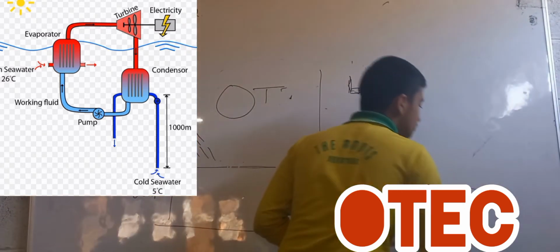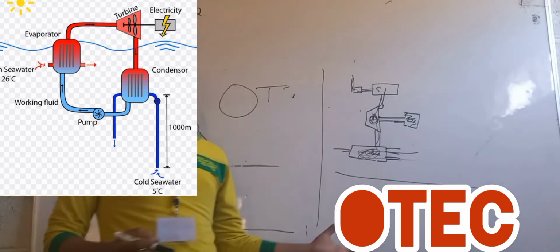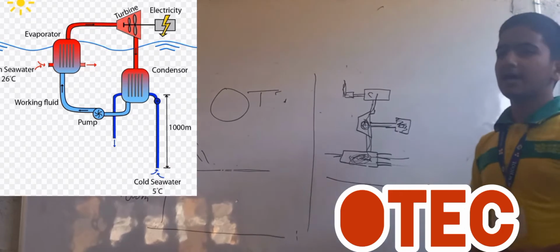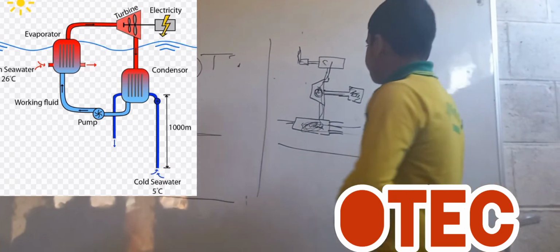Second is the closed cycle. In closed cycle, OTEC uses a working fluid like ammonia to produce energy.